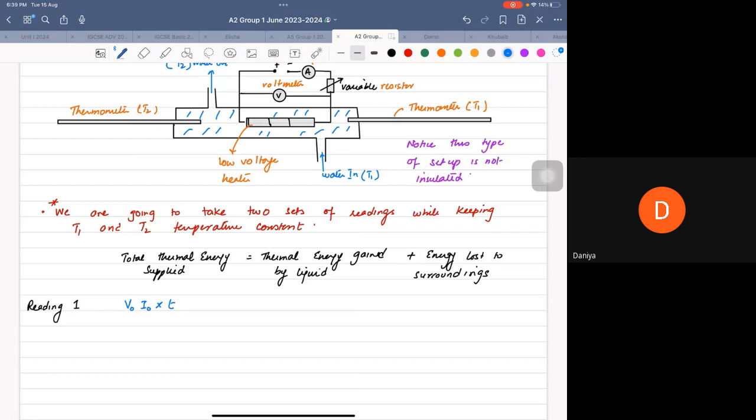Within this time, we must calculate how much mass flows through it. Let's suppose mass m1 flows through it. The heat capacity of the material is C, and the temperature change, which must be kept constant, is T2 minus T1. Let's call the energy lost to the surroundings H, which we do not exactly know. Is it clear?